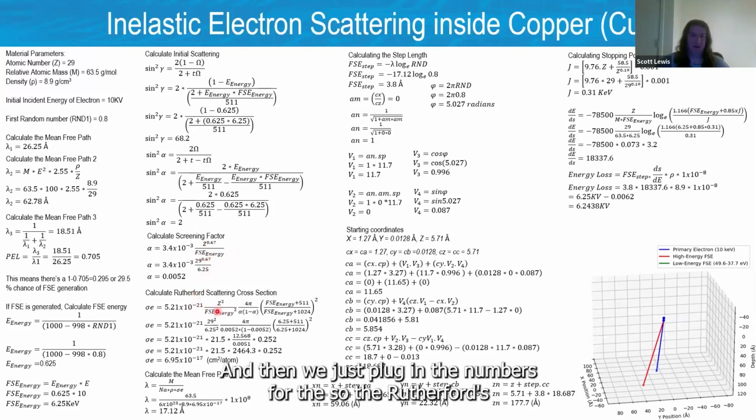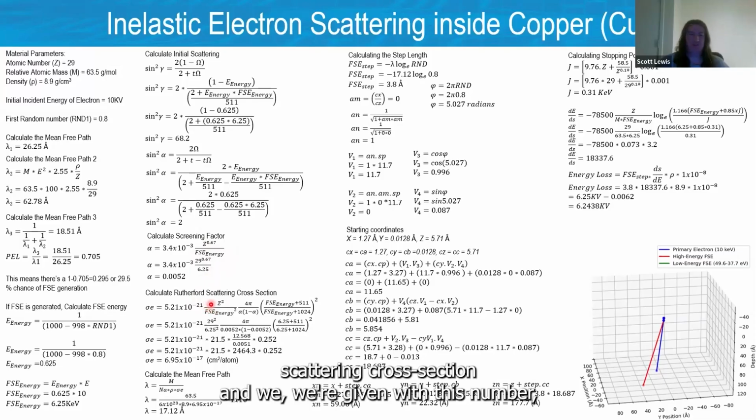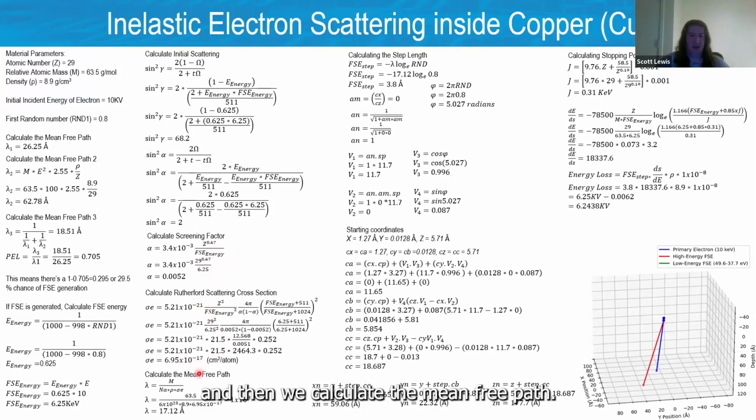Then we just plug in the numbers for the Rutherford scattering cross section, and we're governed with this number. Then we calculate the mean free path, which is governed by this number, and then we calculate what the step length is.